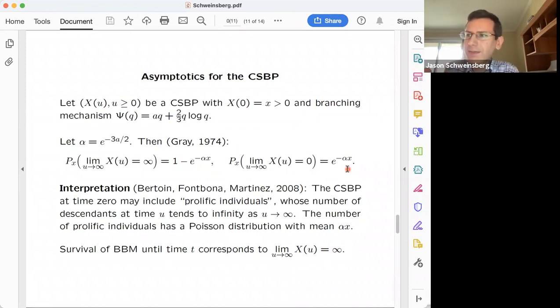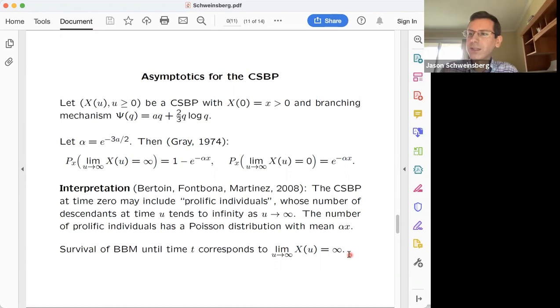And the way we can think about this result is that at time 0, the population will include a certain number of so-called prolific individuals whose number of descendants at time u will tend to infinity as u tends to infinity. And the number of these prolific individuals has a Poisson distribution with a mean of alpha times x, which leads to these probabilities.